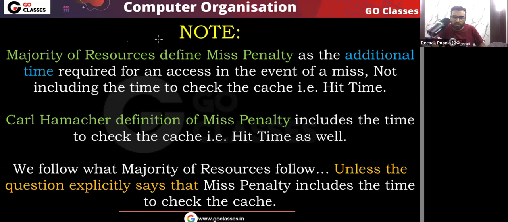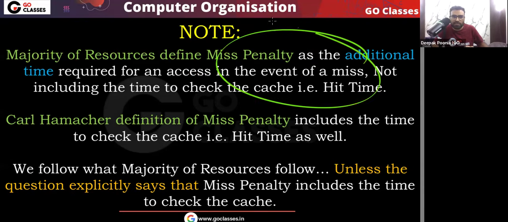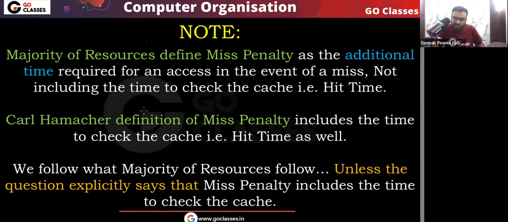Means, the majority of the resources follow the definition given in Patterson and Hennessy. Okay, so that is what we are going to follow. By default, we are going to consider that miss penalty is basically the additional time required when there is a cache miss, after the detection of the cache miss, the additional time required to access.